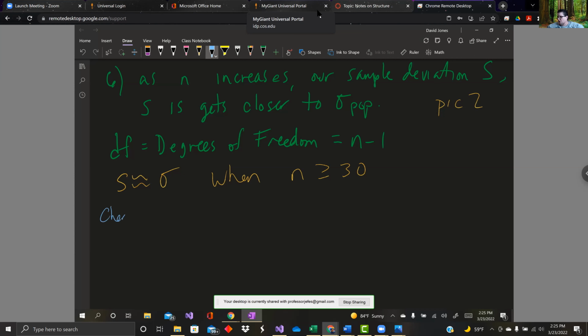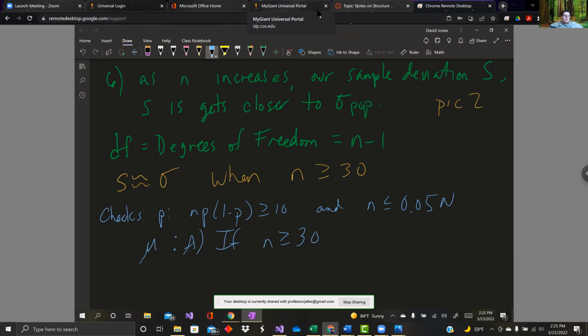Our checks for proportion: n times p times 1 minus p was greater than or equal to 10, and n is less than or equal to 5% of the population. The checks for when we're doing mu, our population mean, we have two categories. A, if n is greater than or equal to 30, the curve is approximately normal and good to go.